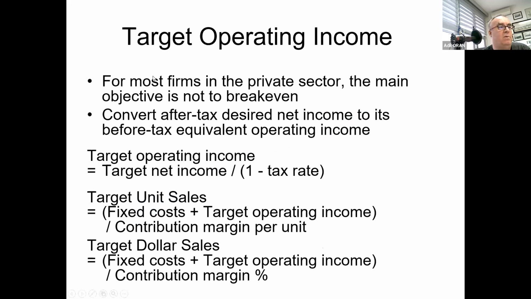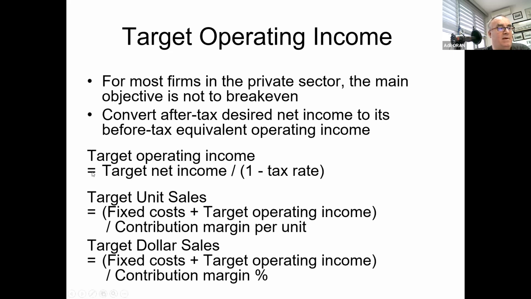If there are taxes involved and you care about your after-tax income, first of all, you need to determine how much after-tax income you want to have, and then you need to make it a gross amount by adding the amount of taxes you would need to be paying.